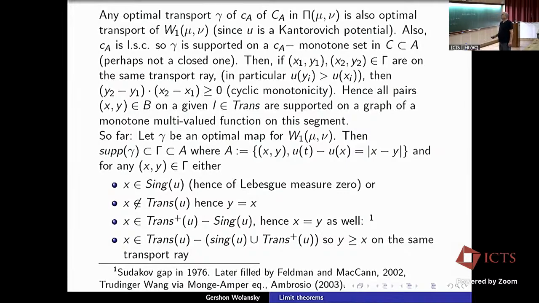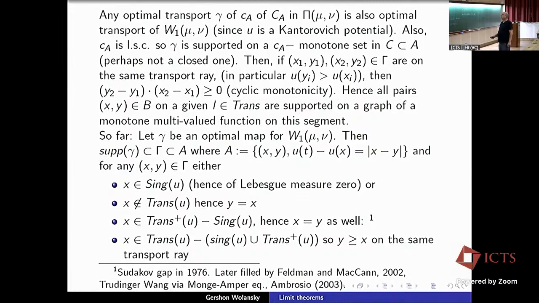The other set is all points which are at the end point of the transport line. This is trans plus, meaning the point which is at the end of the maximal interval. In this case, x equals y also, because y is always bigger than x. So if you're at the end of the interval, it maps to itself.